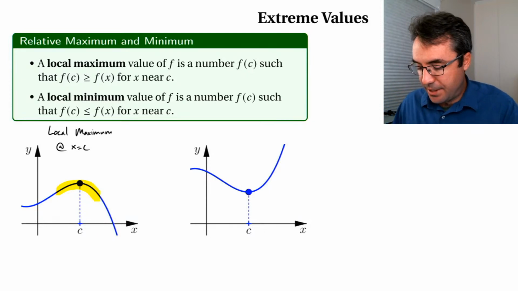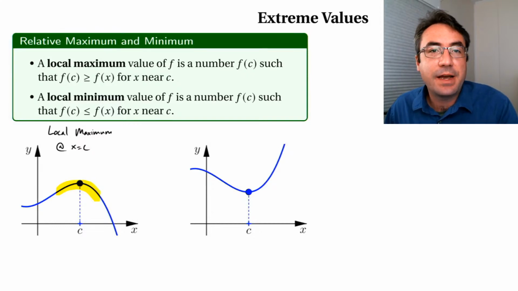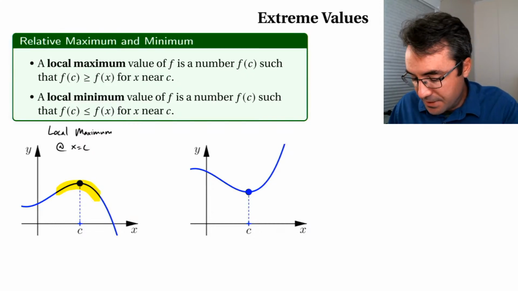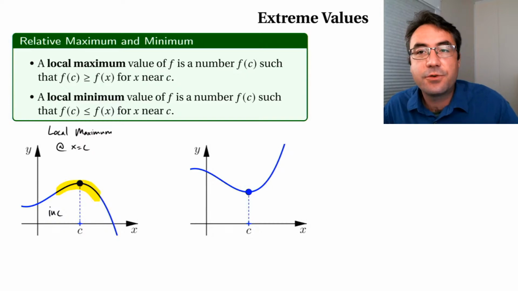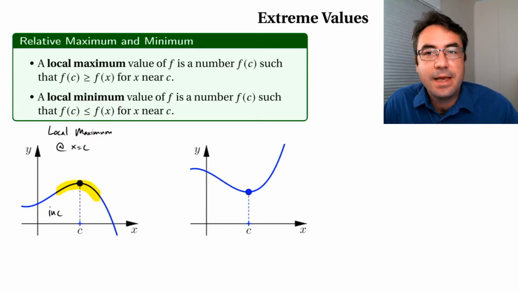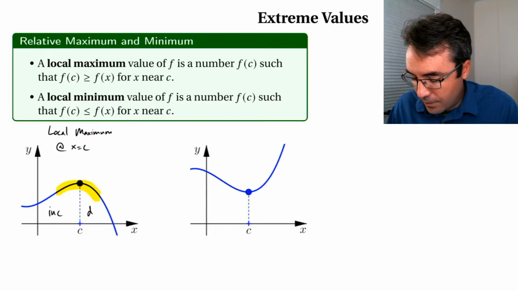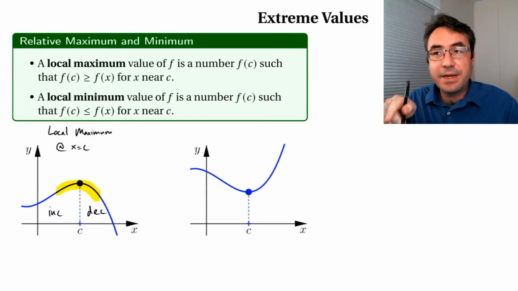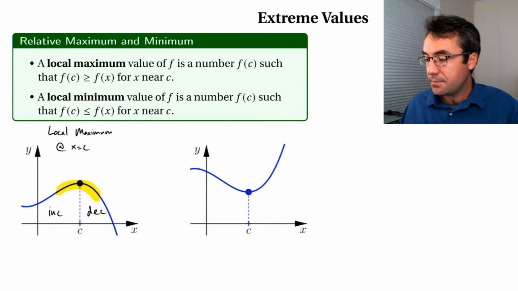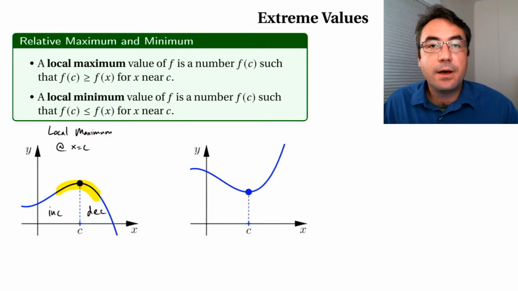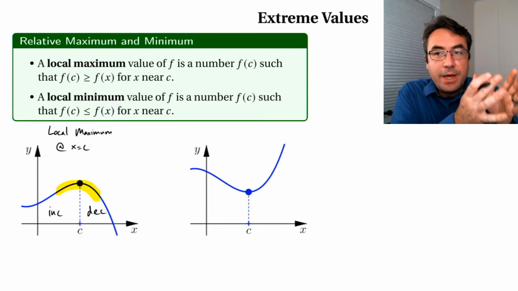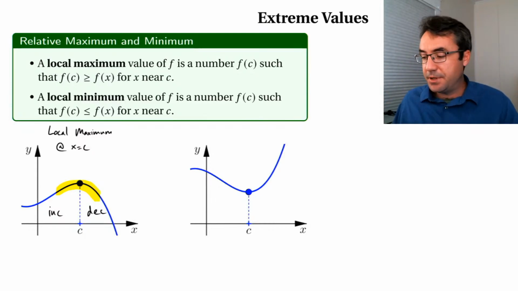And what we're noticing here, if we look to the left of x equals c, on this side, our graph is increasing. And then on the other side, our graph is decreasing. It's moving down. And so another way to characterize a local maximum is when we have this switch from increasing to decreasing.